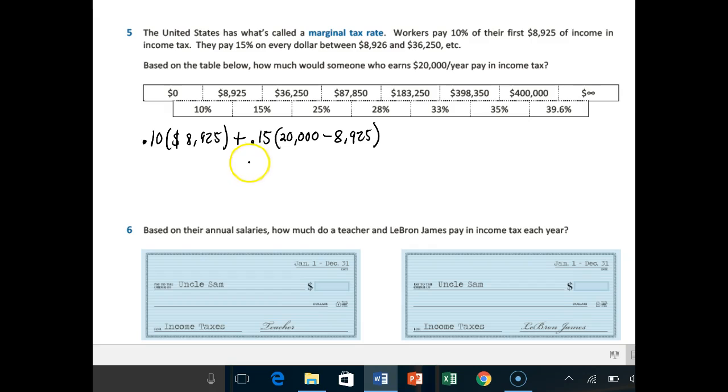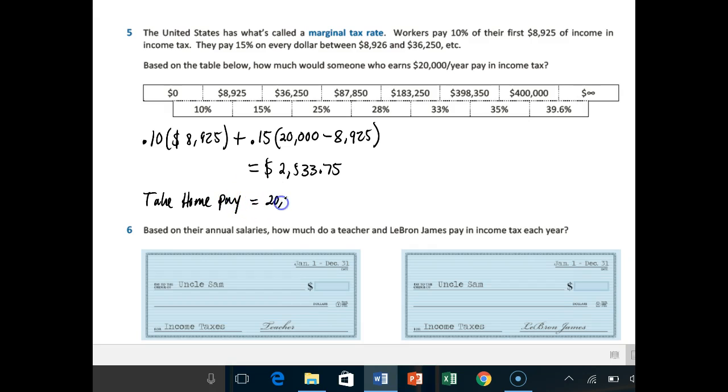So when I do this, the math adds up to, if somebody earns $20,000 a year, they have to pay $2,533.75 in tax. So really, you're making $20,000 a year, but you subtract this off, so you're making only less than $18,000, right? So to find out how much I take home pay, basically, is what it's called, meaning what I can actually keep and not give to the government.